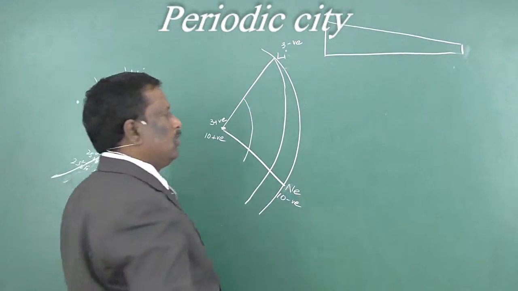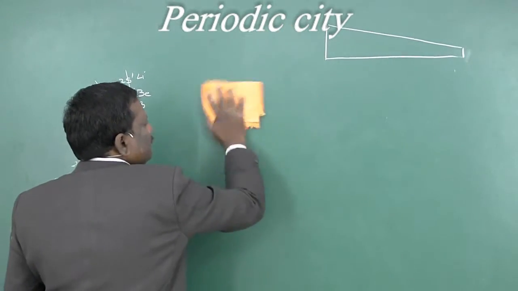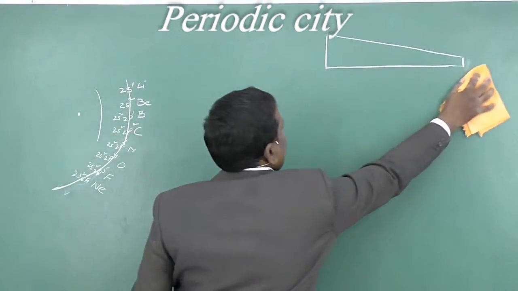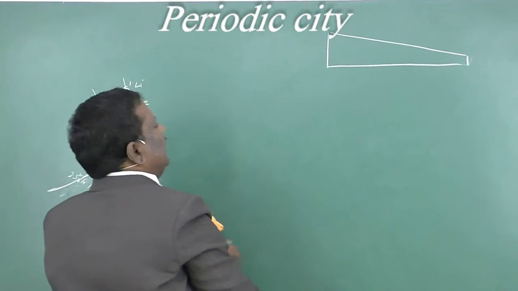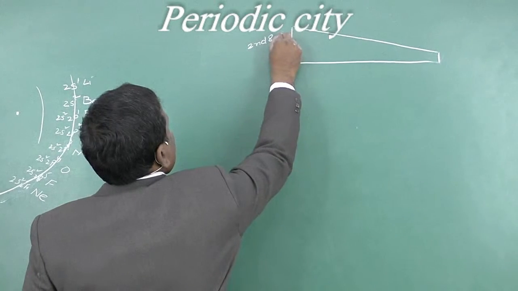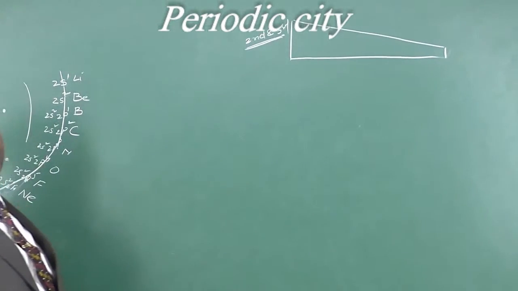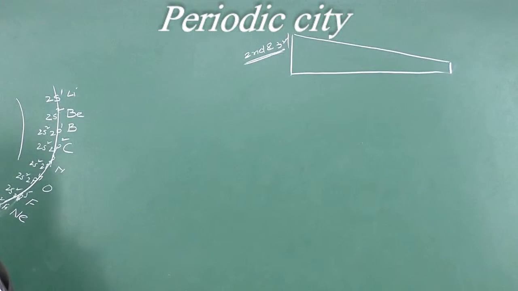Now let us observe the condition in the fourth period. This is the gradual decrease of atomic size in second and third period. Now what happens in the fourth period? Let us observe.